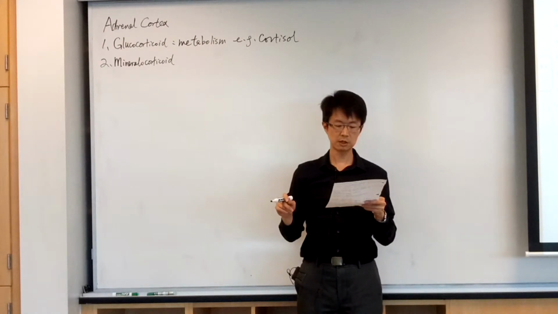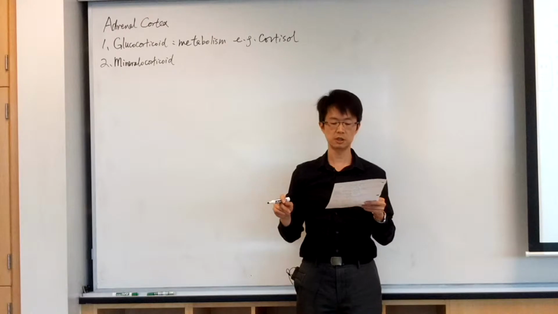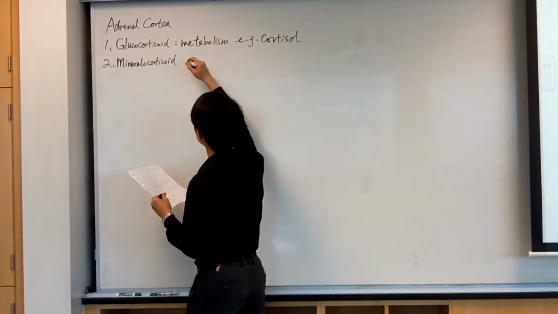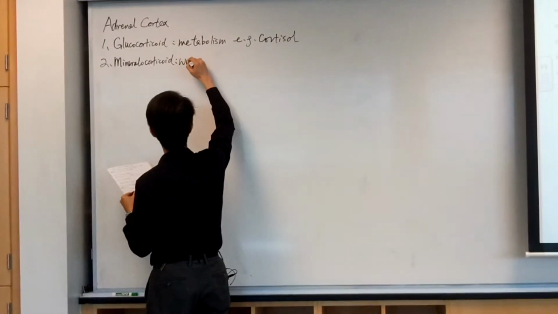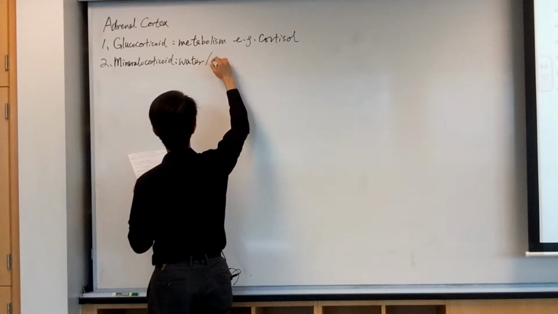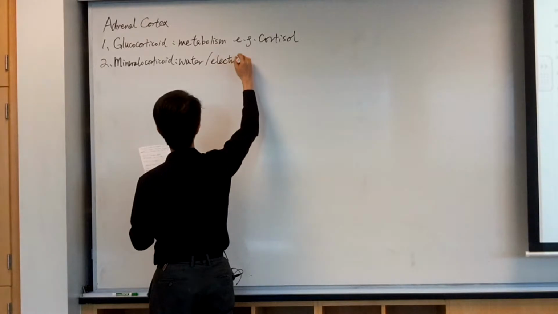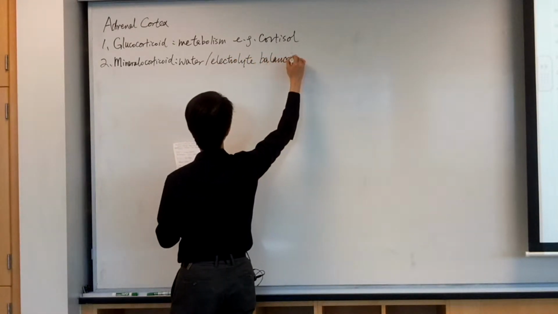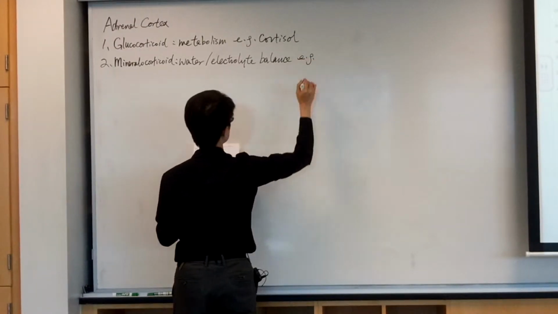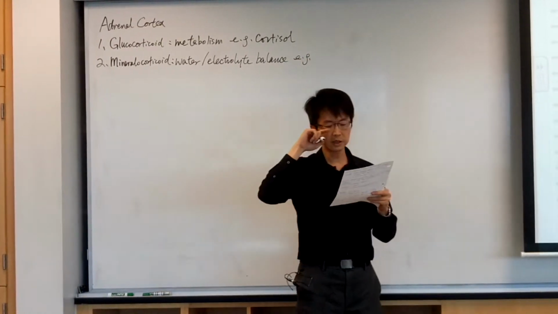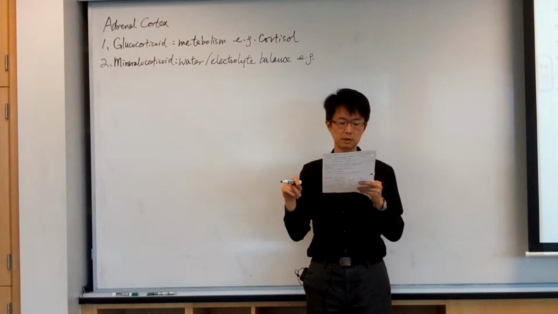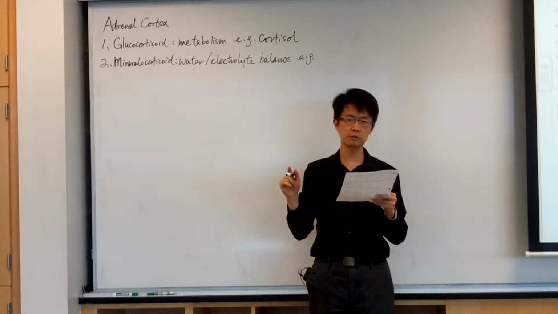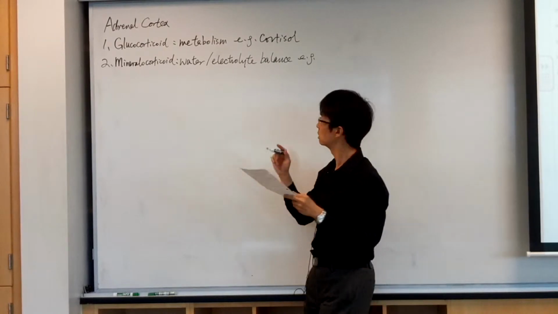And then mineralocorticoid, the general function is water and electrolyte balance. An example of the adrenal cortex mineralocorticoid will be called aldosterone.